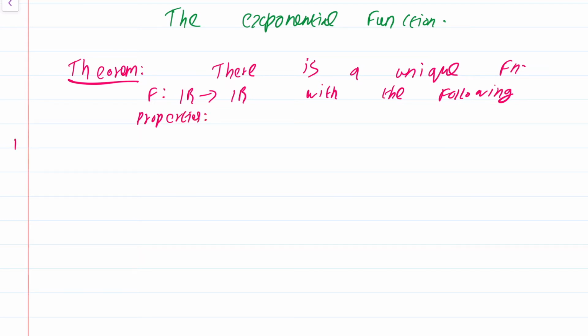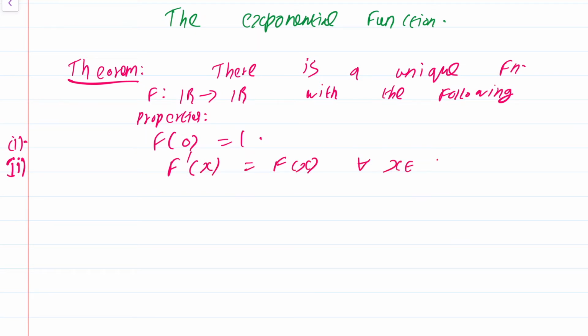Number 1, f of 0 is equal to 1. Number 2, f prime of x equals f of x for all x in R. So there is a unique function which takes the value 1 at 0 and whose derivative is itself.